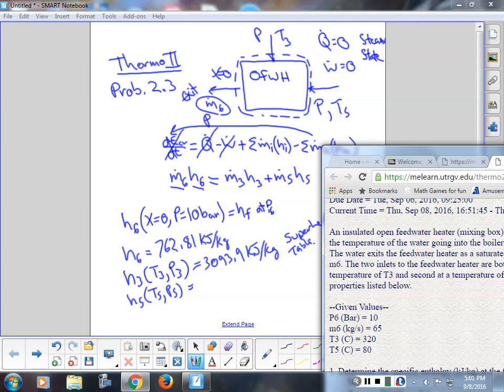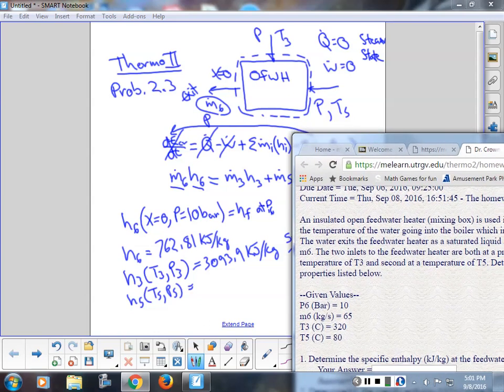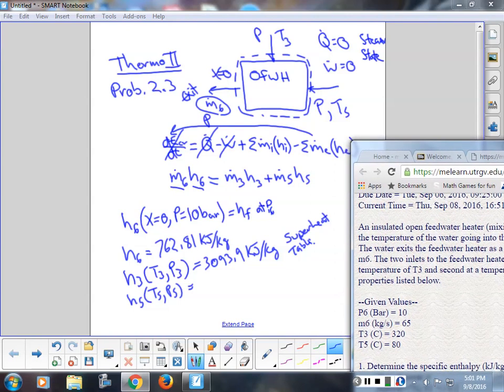So I've got to go to the saturation tables of this saturated liquid vapor mixture. And 10 bar, and let's see, was I told anything else? So temperature, it's probably subcooled. Yeah, well, it is subcooled because it's below the saturation temperature. So this is subcooled. So I'm going to say it's about equal to hf at the given temperature at T5.